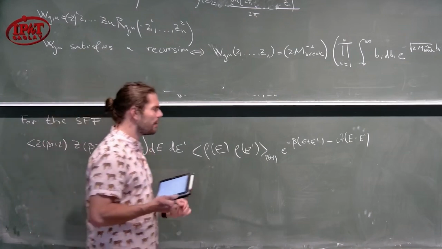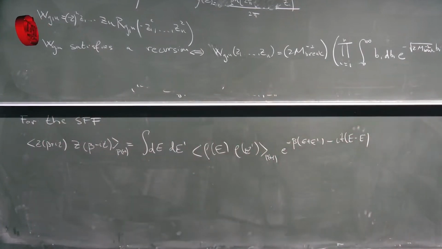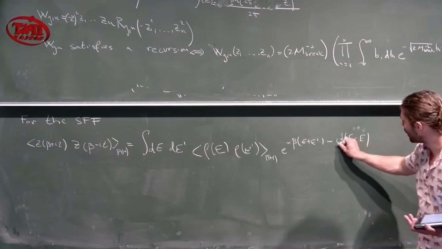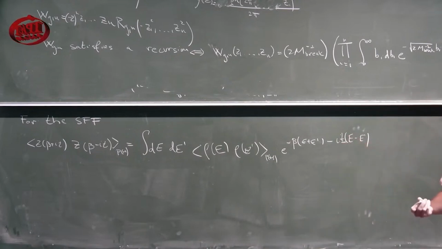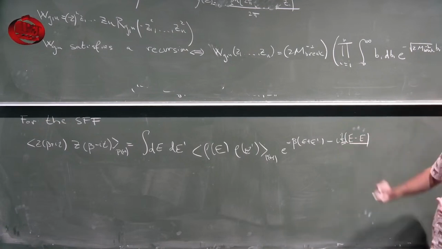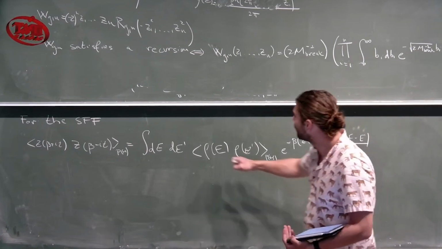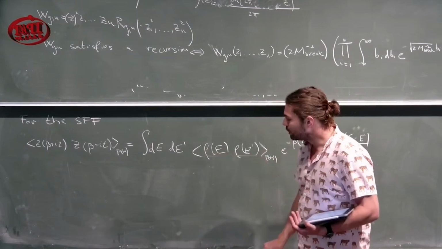The reason why we care about the regime when eigenvalues approach each other is because the spectral form factor at late times, if I make T very large, is dominated by contributions for which E and E prime are very close to each other, right? I'm taking the Laplace transform with an extremely large coefficient. So I care about the limit in which E goes to E prime.